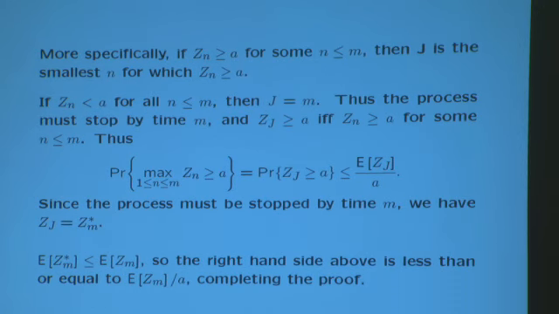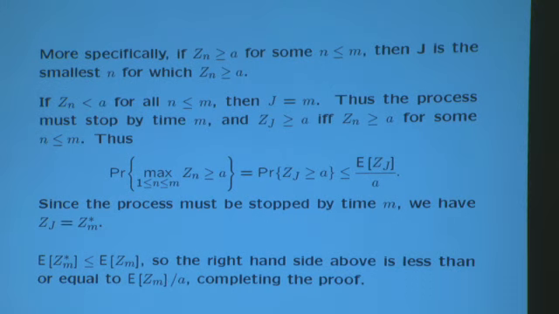So the probability that we've crossed the threshold from 1 to m is equal to the probability that Z sub J is greater than or equal to a, which is less than or equal to the expected value of Z sub J divided by a.